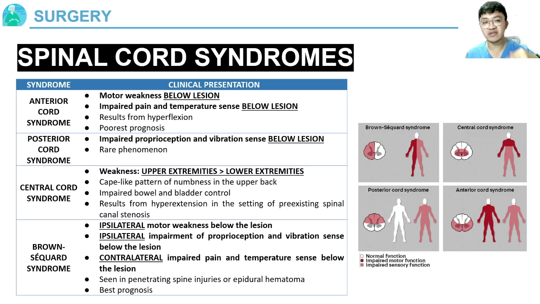So if you have an injury much lower below, it's ipsilateral, on the same side. However, for your pain and temperature sense, they decussate two levels below the part of the spine. Therefore, the affected part is contralateral rather than ipsilateral.